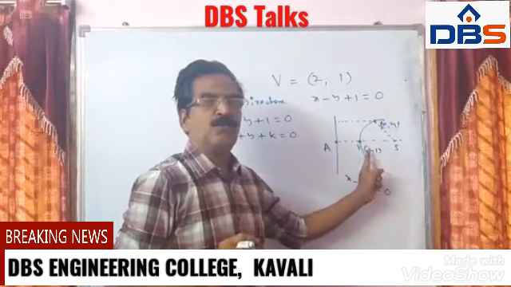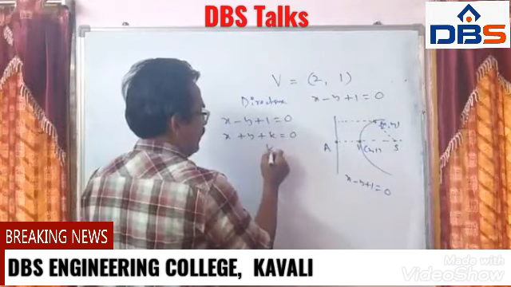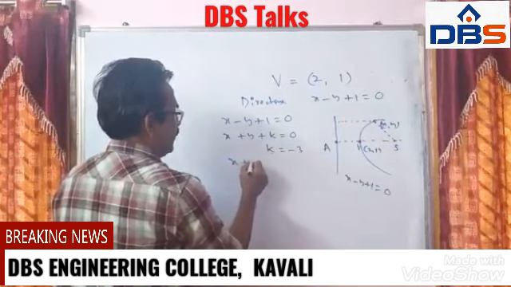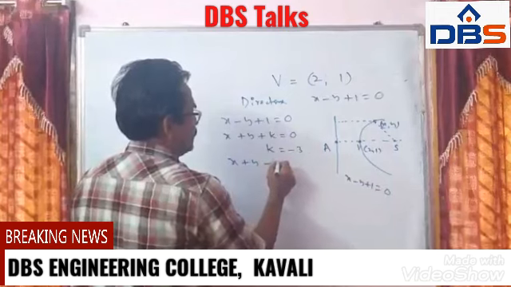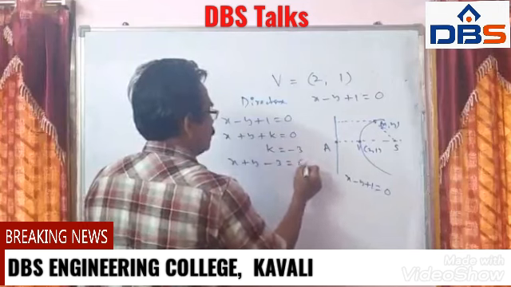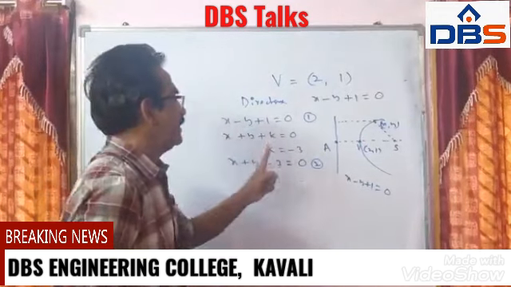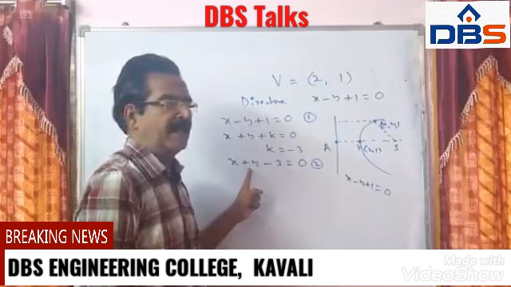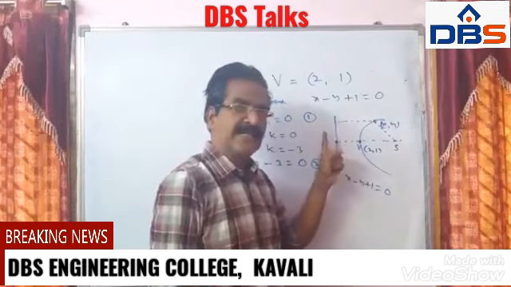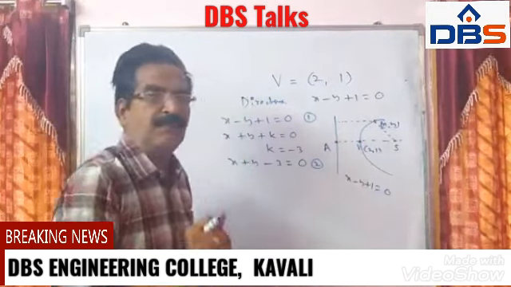This line passes through 2 comma 1, so 2 plus 1 is 3, k is equal to minus 3. So the equation of this line is x plus y minus 3 is equal to 0. This is the second equation; the first is the equation of the directrix, and this is the line perpendicular to the directrix. By solving these two equations, we get A, then we get S, and we follow the definition.